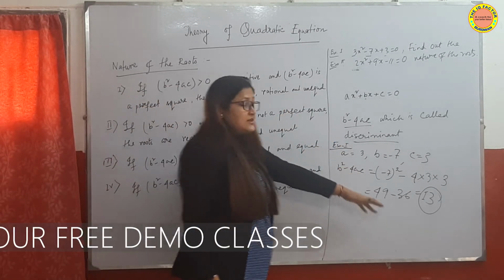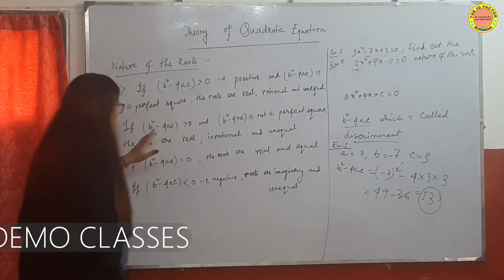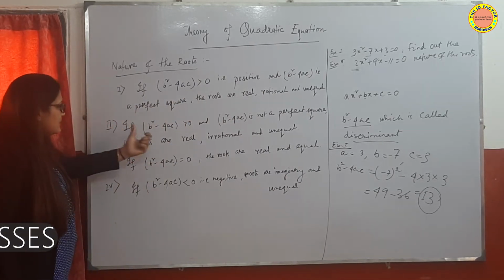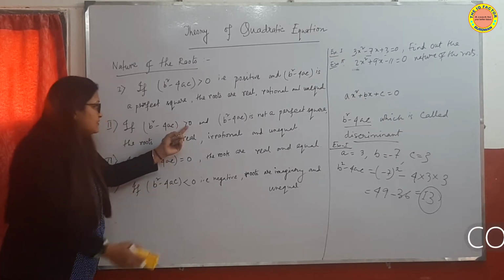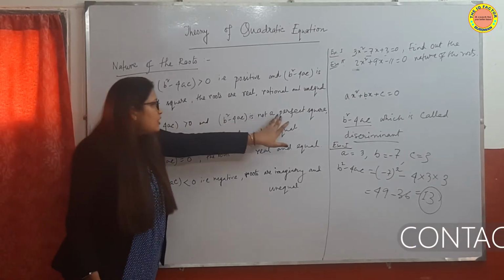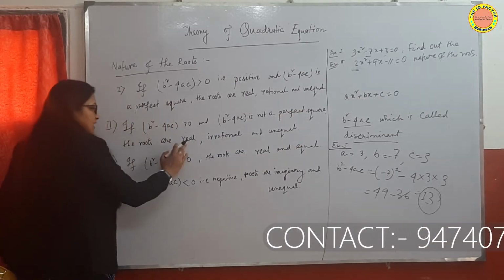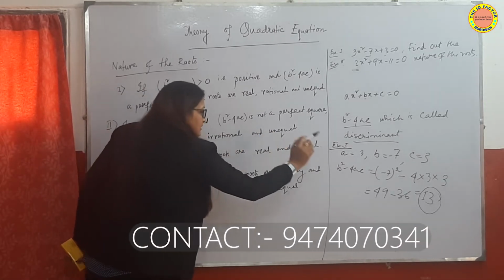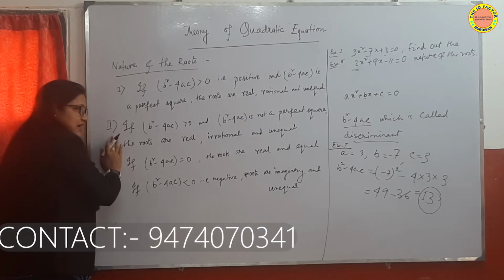But 13 is not a perfect square. So, go to the second condition. What is that? If b square minus 4ac is greater than 0, positive, and it is not a perfect square, then the roots are real, irrational and unequal. So, this 13 satisfies the second.